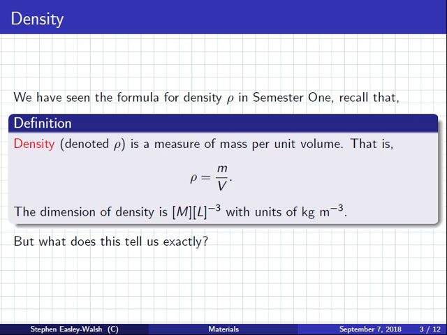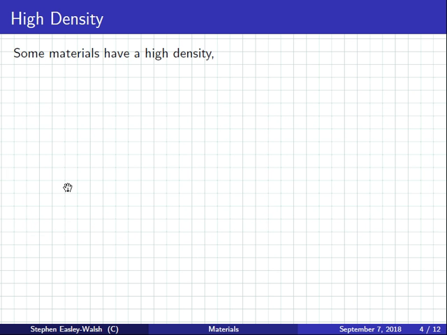But simply, what is density? It's kind of like the weight, but it's more like how much you have in a space, like the amount in a space. So obviously, some materials have high density, and some have low density.